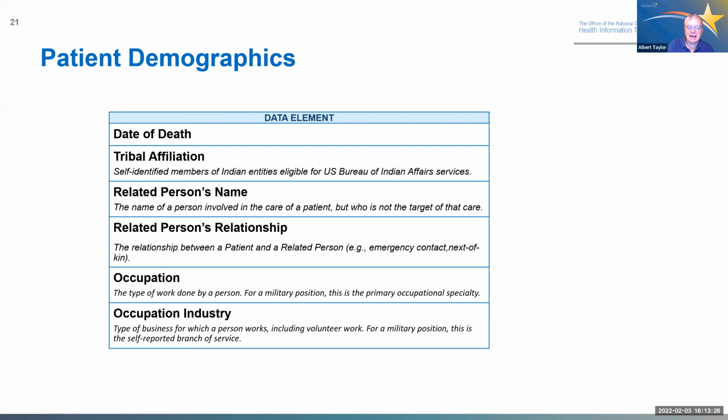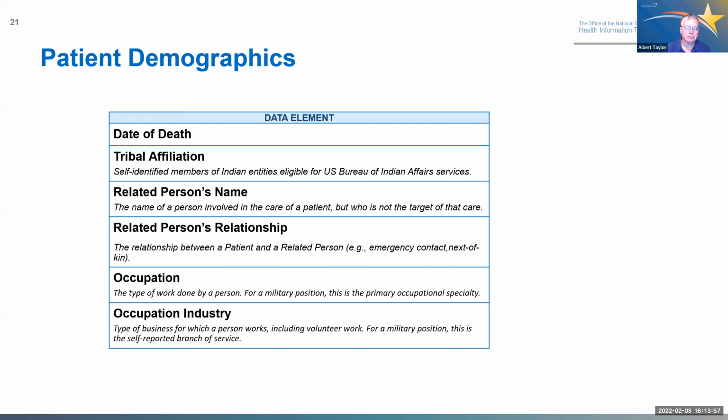The related person could be any relationship with the patient, somehow involved with the care, obviously not the target of the care, that's the patient, but to identify both the person's name and the person's relationship to the patient. And some examples here: emergency contact, next of kin, are some examples of what a related person could be.